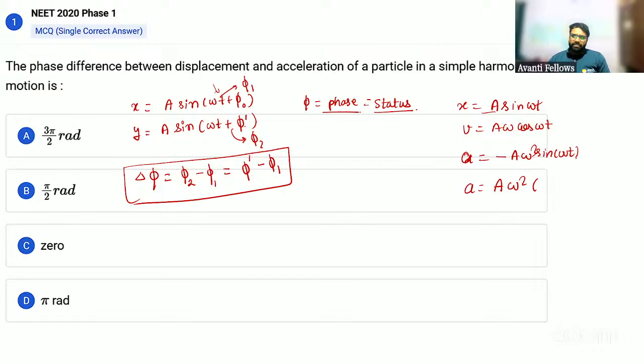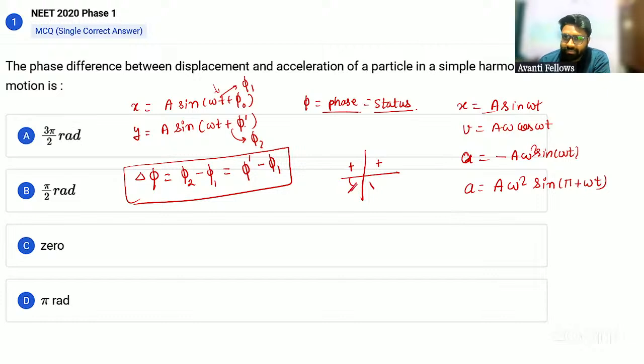So sine is positive from 0 to 90, and from 90 to 180 also positive. But as soon as it crosses 180, sine will become negative. So I can write it as sin of pi plus omega t. If I write this, tell me, sin of pi plus omega t, then this is sin of 180 plus theta, and 180 plus theta is coming out as sine theta, but it would be negative because it is crossing the second quadrant. Sine is always positive in these two quadrants. 180 plus means it is in the third or the fourth quadrant, but specifically third.